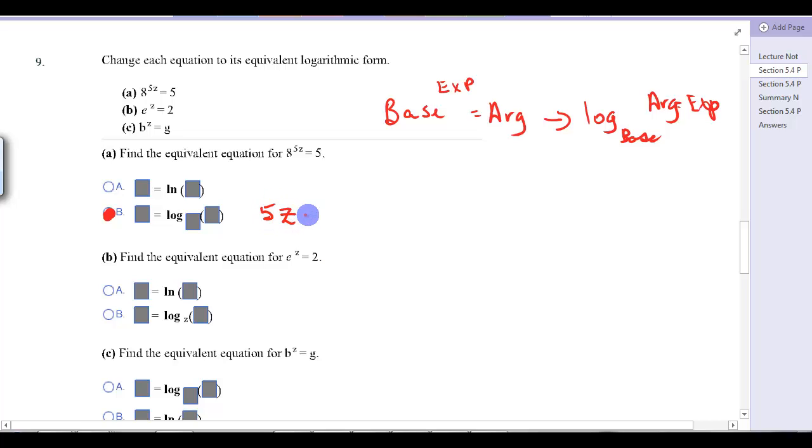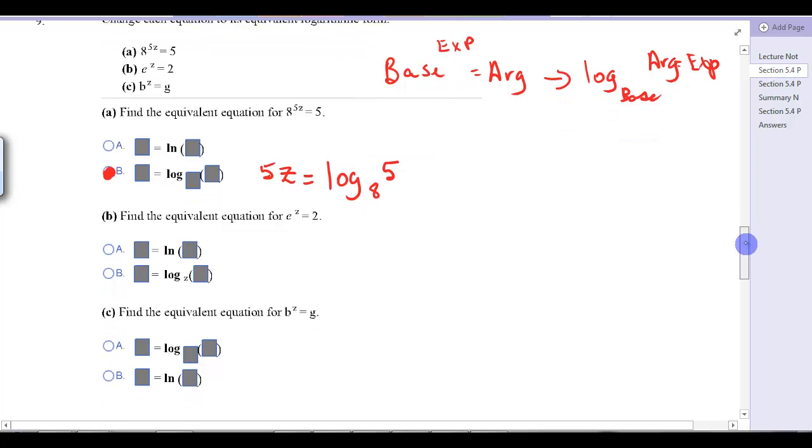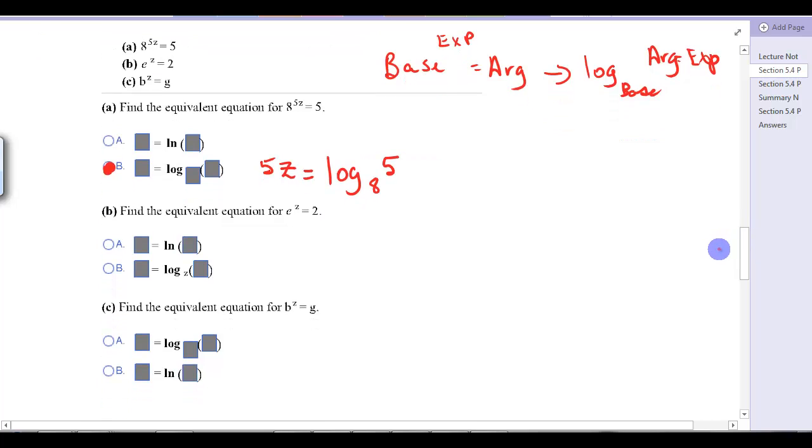So 5z equals log base 8 of 5. Okay, because here's your exponent and it's going to be by itself on the other side. So 5z goes there, 8 is going to go here, and 5 will go in the argument position.